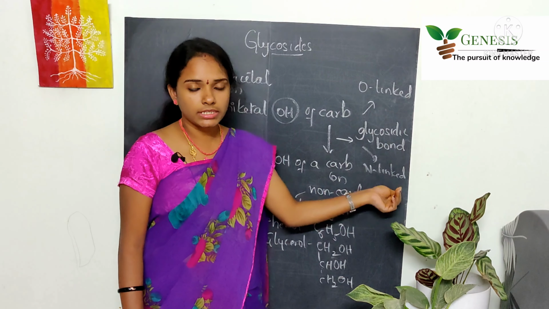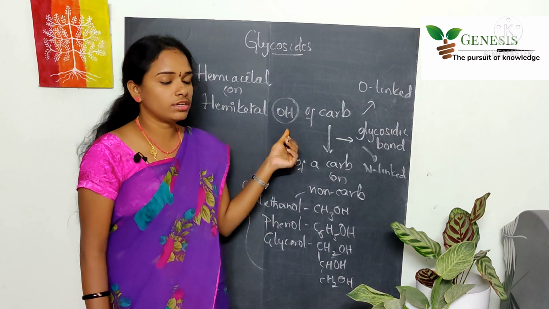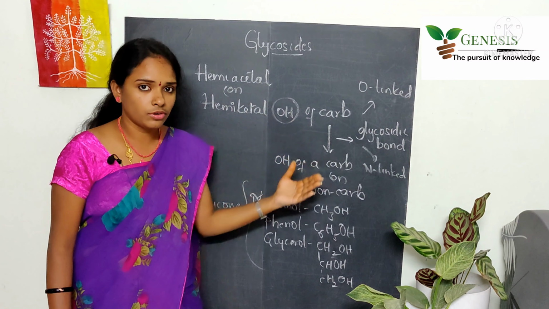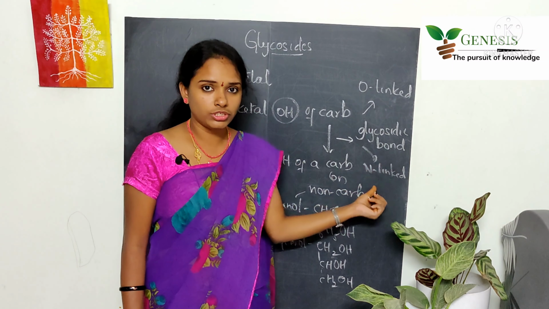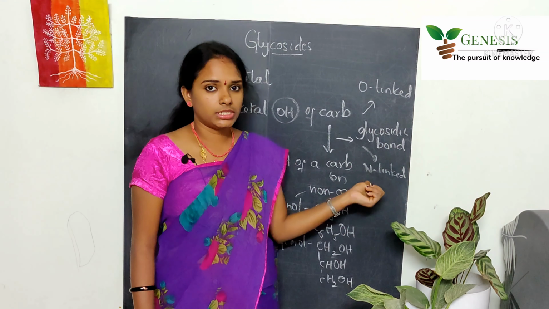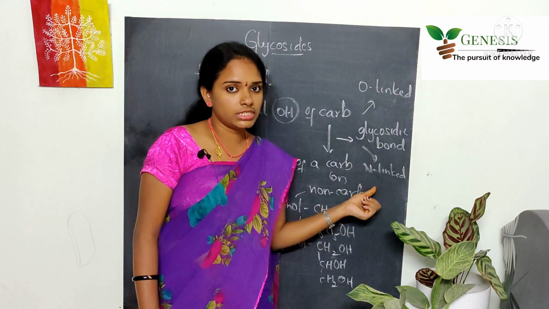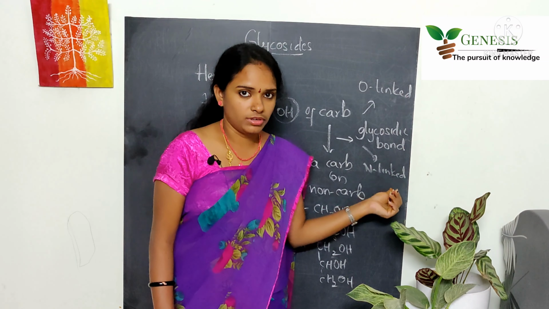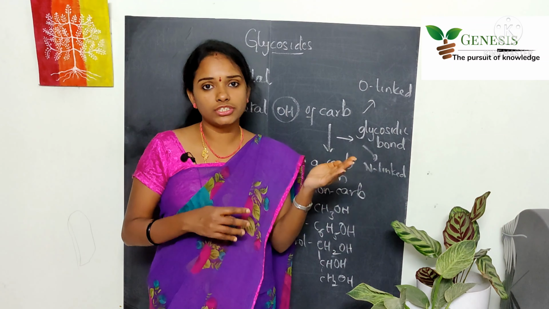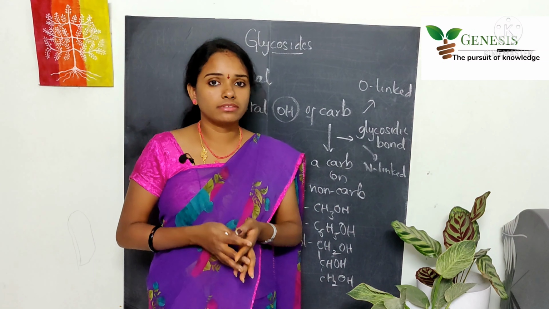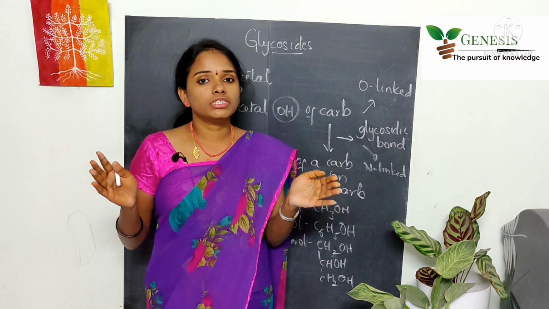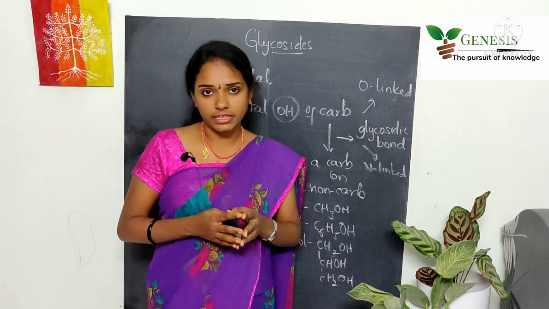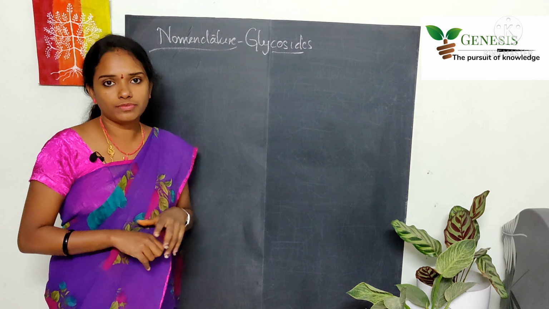Coming to N-linked, if one carbohydrate binds with another carbohydrate or a non-carbohydrate with the help of nitrogen, like in the case of amines, then that kind of glycosidic bond is called an N-linked glycosidic bond. In disaccharides, oligosaccharides or polysaccharides, monosaccharide units are joined with one another by glycosidic linkage.